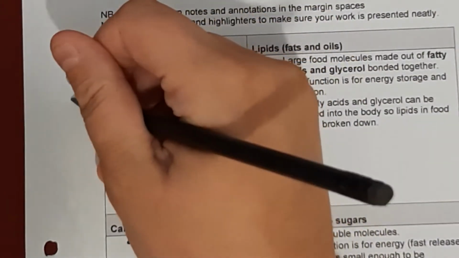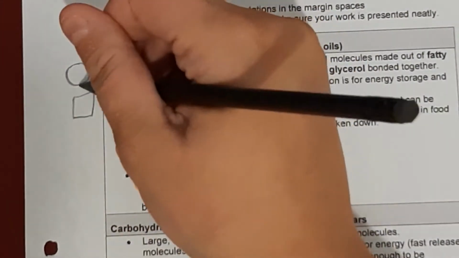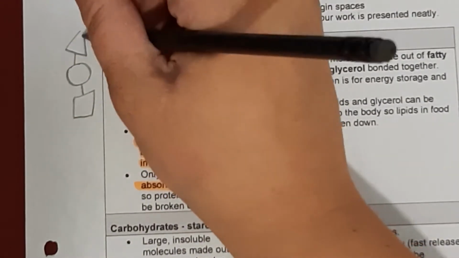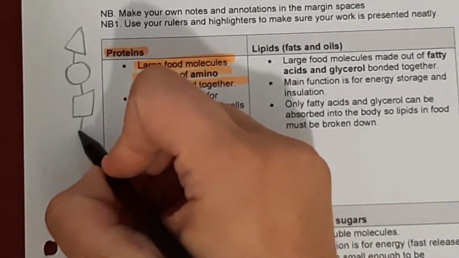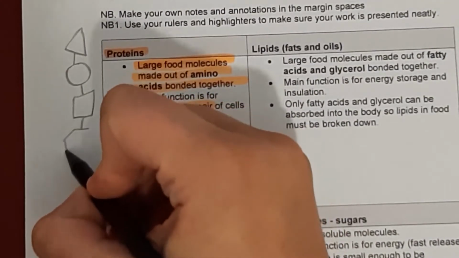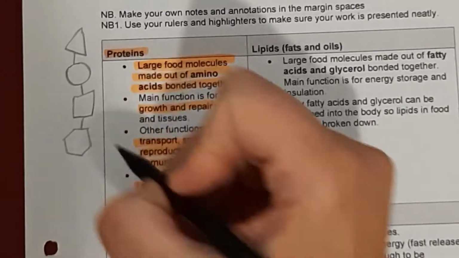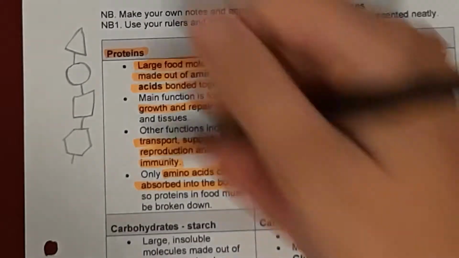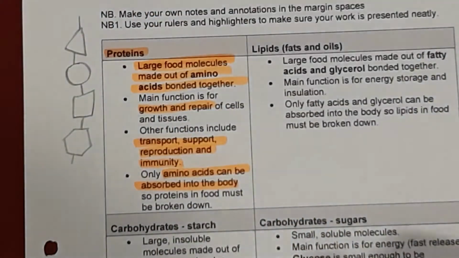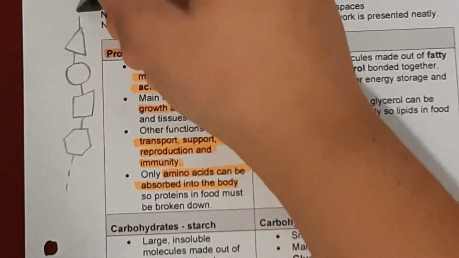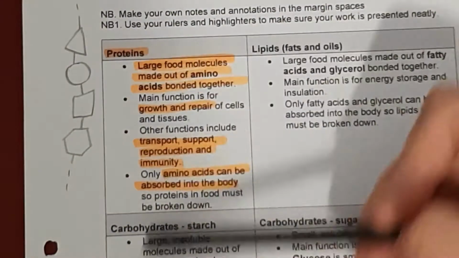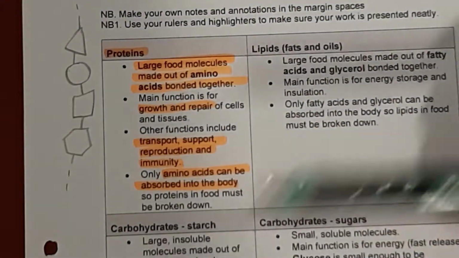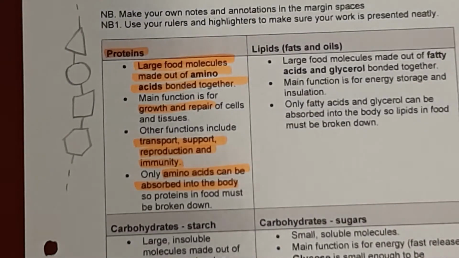A protein is made up of different shapes, I'm just going to use squares, rectangles, triangles, etc. Those aren't the real shapes of what proteins are made of, but this shows us that proteins are made out of different materials. They're in a very long chain that goes on and on and on. And each of the different amino acids in our protein combines to make it have a particular function.